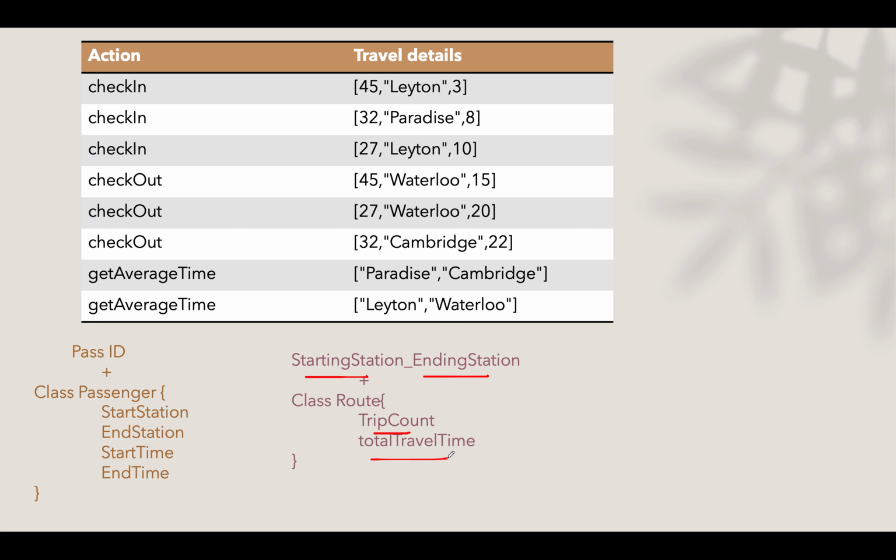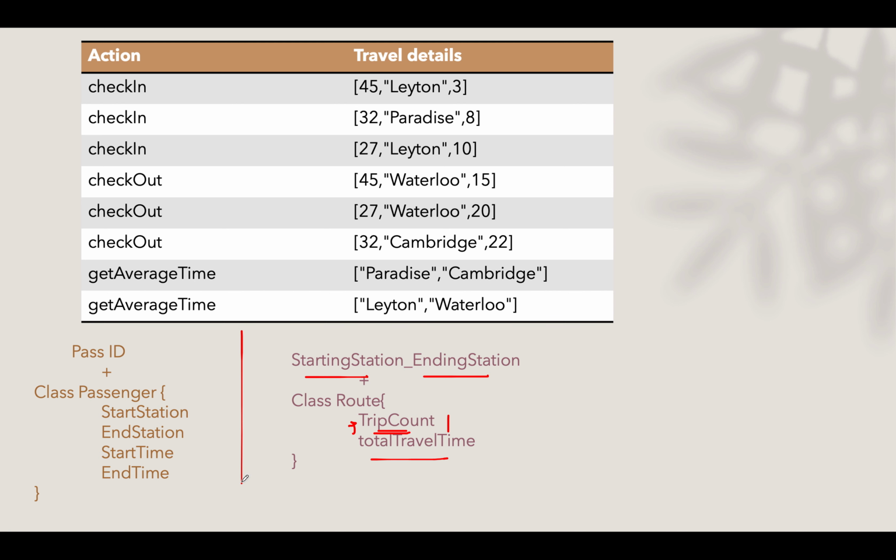So these were the 4 pieces of information that were of interest to us. What we will do is create a root class where we'll store the trip count, the traveler count, and the total travel time that these many travelers took going from the starting station up till the ending station.